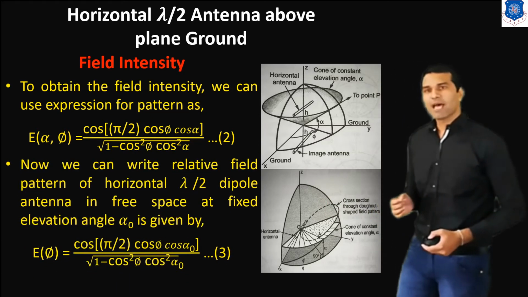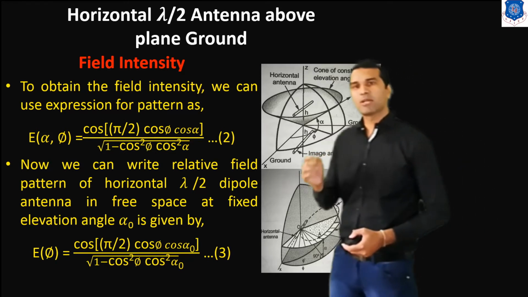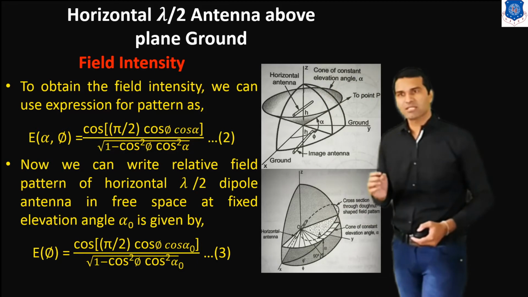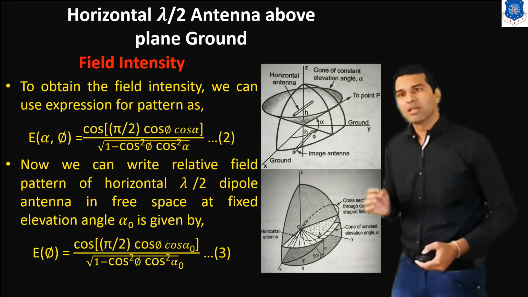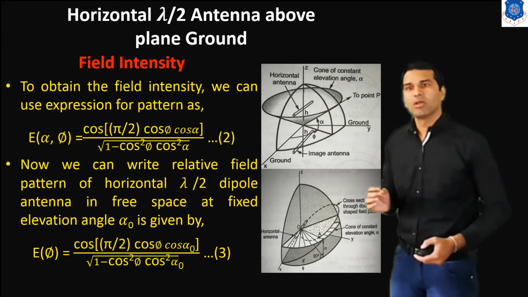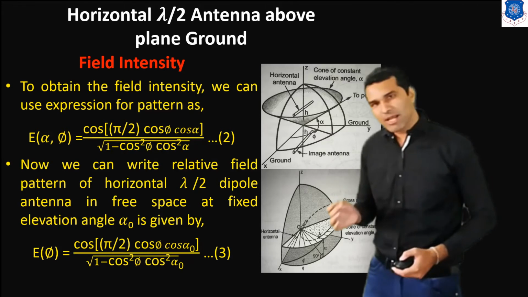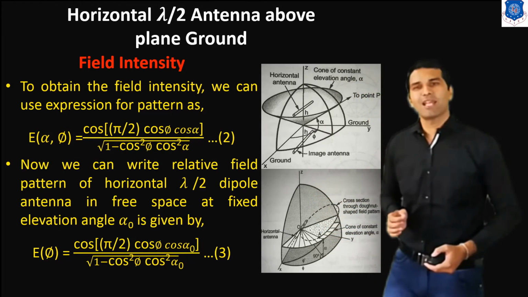Now we can write the relative field pattern of the horizontal λ/2 dipole antenna in free space at a fixed elevation angle α0 as E(φ) = cos(π/2 cos φ cos α0) / √(1 − cos²φ cos²α0).